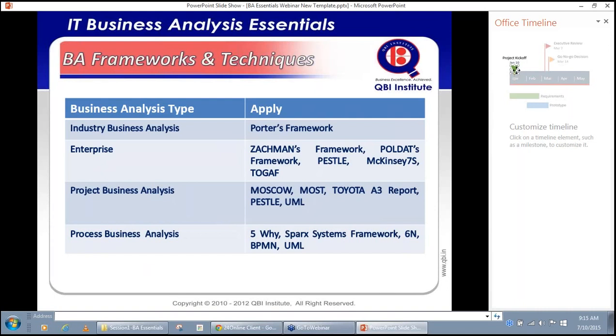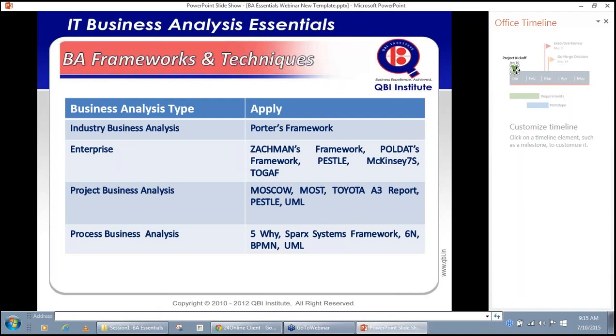For enterprise business analysis, you apply Zachman's framework, Pold's framework, PESTEL, McKinsey 7S, TOGAF. Say for example, Zachman's framework is an enterprise business analysis technique. It is a simple framework which allows you to analyze IT requirements of your enterprise across several defined dimensions.